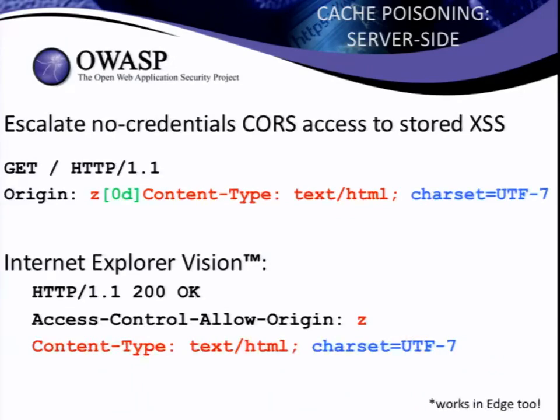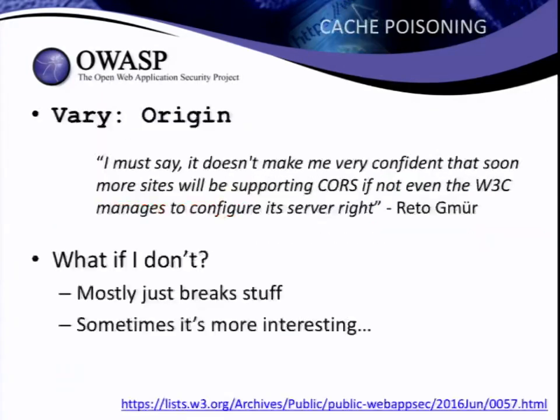I have a question about the Vary header versus the Cache-Control header. Is there a reason for using one or the other or both? So if you specify Vary, then what that says is you can still cache this response, but you can only serve it to requests that have the same origin header that you cached this for.